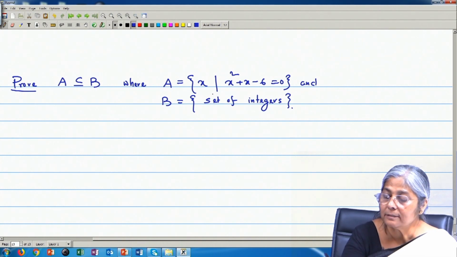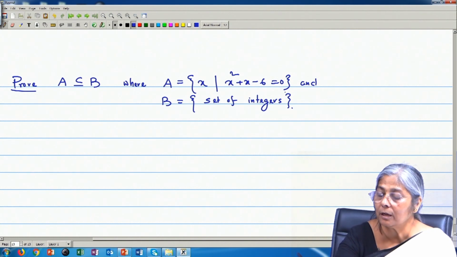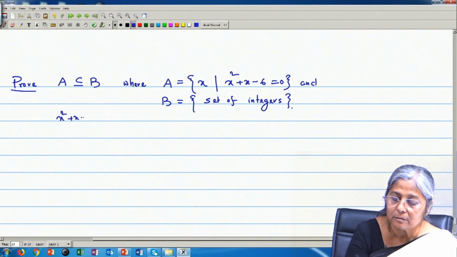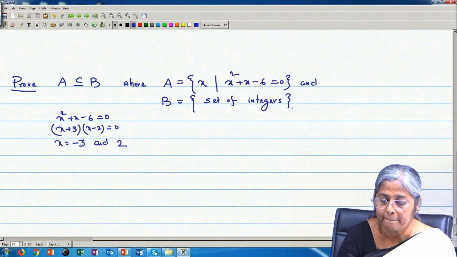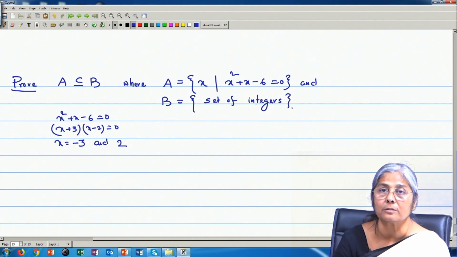So, A is all such x that satisfy this equation, x square plus x minus 6 equals 0. That means x plus 3 into x minus 2 equals 0. So, x equals minus 3 and 2, and B is the set of all integers.